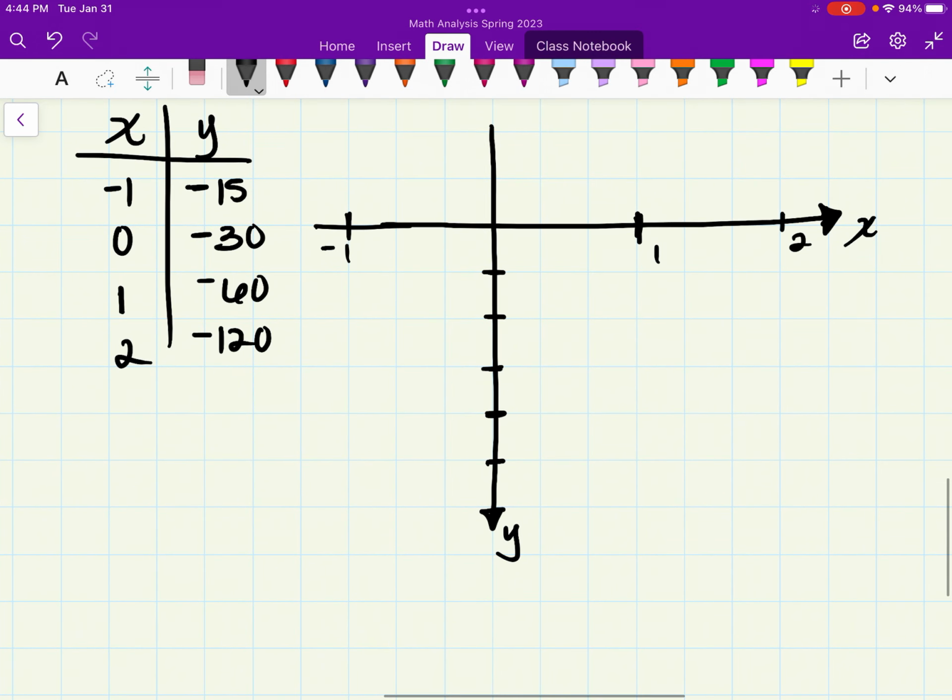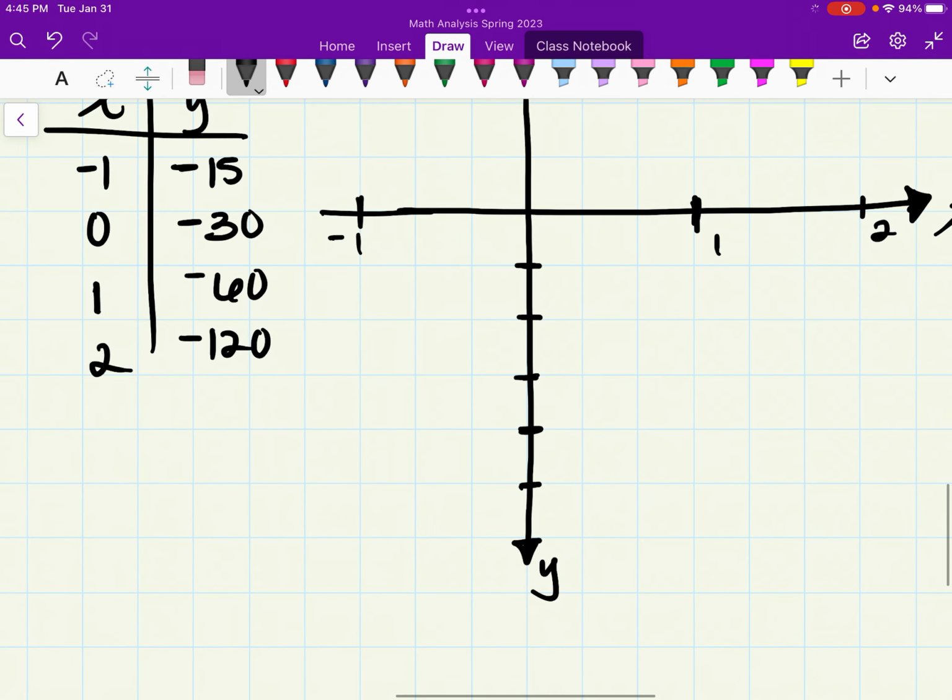All right, let's see how we're going to go ahead and break these up. And we'll go ahead and say that this is negative 30, negative 60, negative 90, negative 120, and then it just goes to negative 150, right?